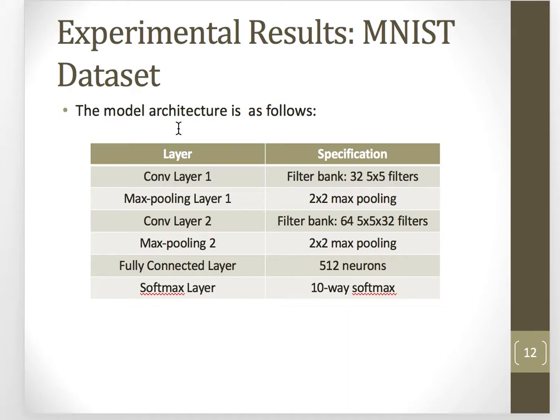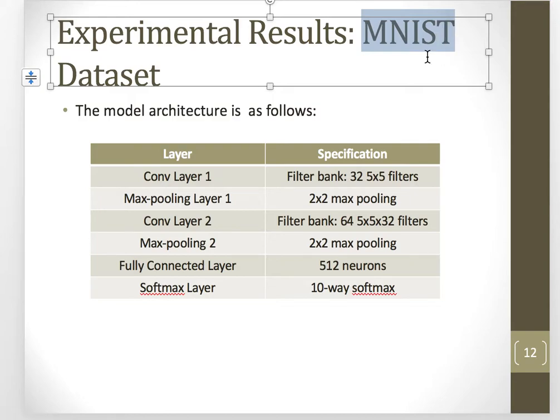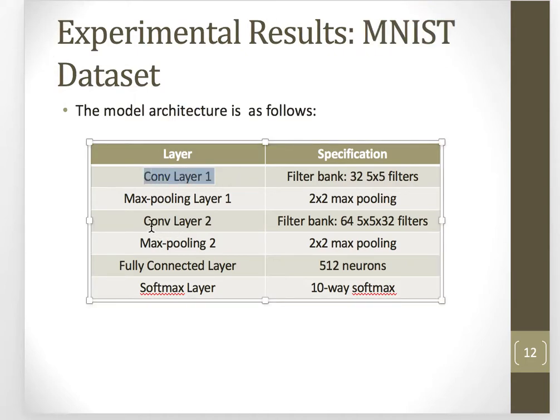So let me present some experimental results. First, let's take a look at the MNIST data set. We have this convolutional neural network, and we use this structure. It has two convolutional layers and a fully connected layer, and finally a softmax layer.